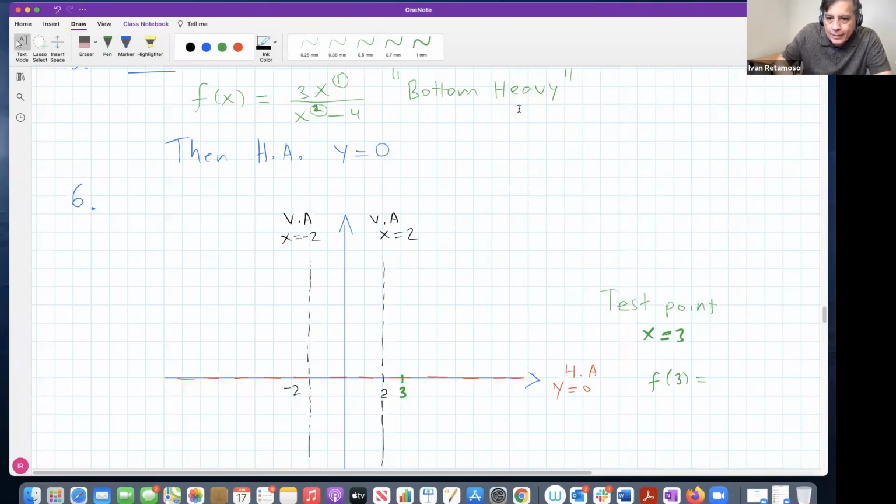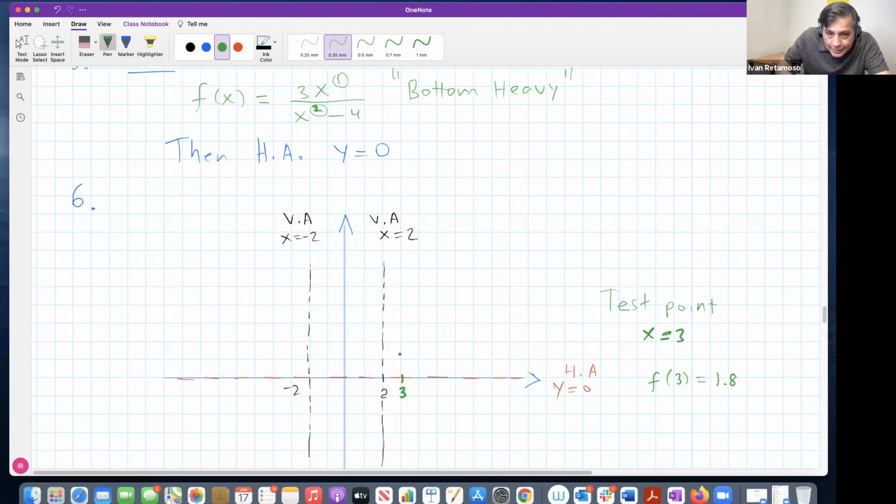And this is telling me that the number 3 should be paired up with 1.8. So we're here, right? So the graph should be this piece. You follow, guys?